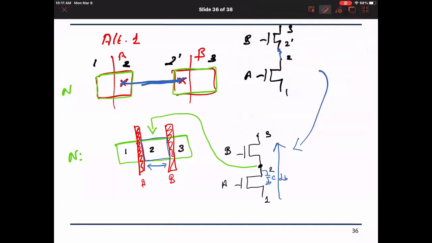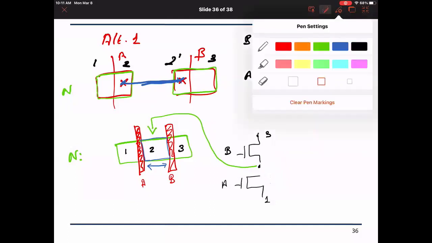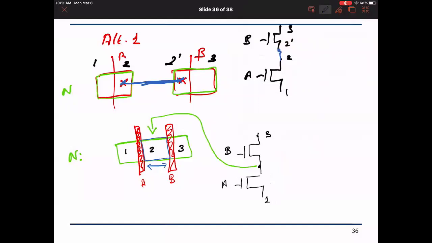Let me just erase this. If we look at this here, in real life, each one of these will have some capacitor to ground. So we can call this CDBA, and this will have another capacitor to ground. Any entity, any square on the circuit will have a capacitor. Later we'll learn about it. Very, very basic. And then this will be CSB for transistor B, right?